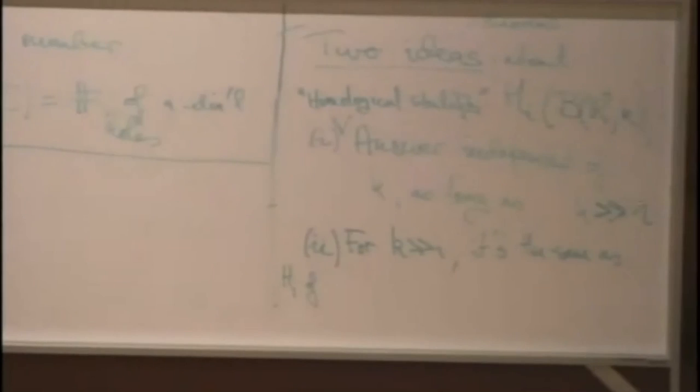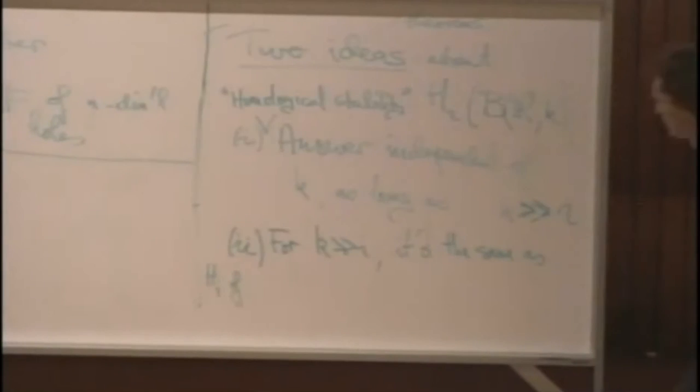So, well, I'll talk more about that next two lectures. I'll say the slogan is homological stability. The homology is stable in the sense that it doesn't change when you make k bigger, as long as it's not too small.